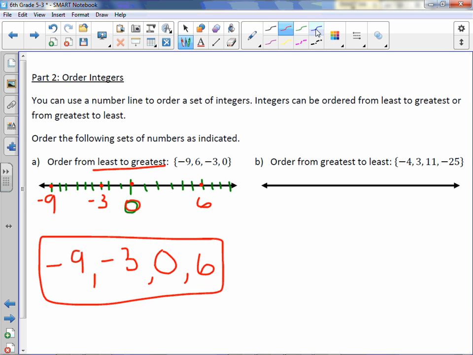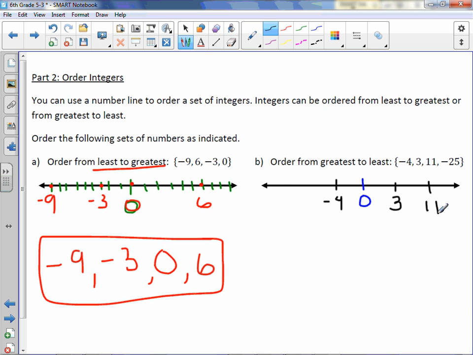Let's do that again. This time, we have numbers all the way up to negative 25. I'm not going to draw that many dashes, and it's not necessary that you do. So our 0 line, which I always like to mark, would be there. Negative 4 would be this side. Positive 3 this side. 11 is bigger than 3, so it would be to the right.